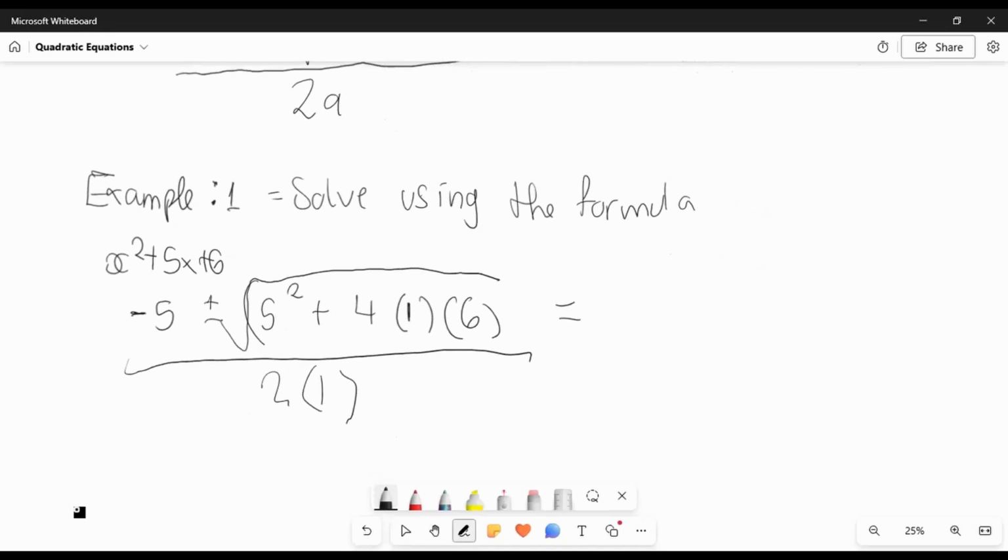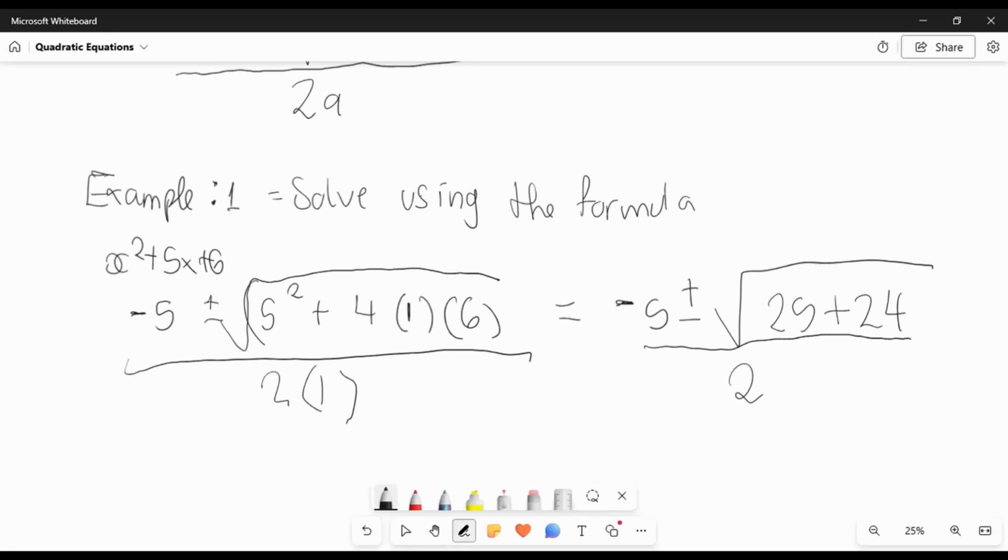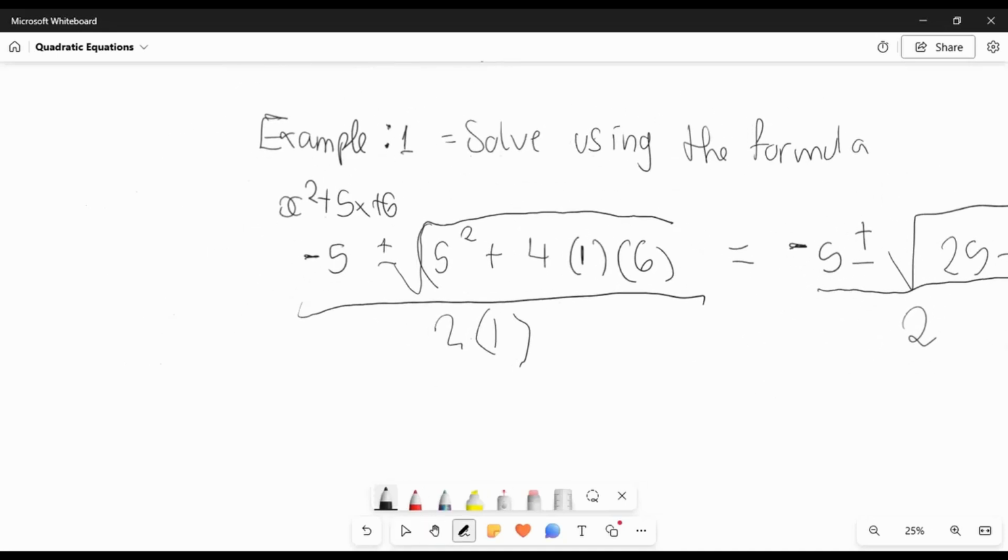We already know the values now. So it's negative 5 plus minus the square root of 25 plus 24 over 2. Now, to finish this up, let's add the values inside the square root.